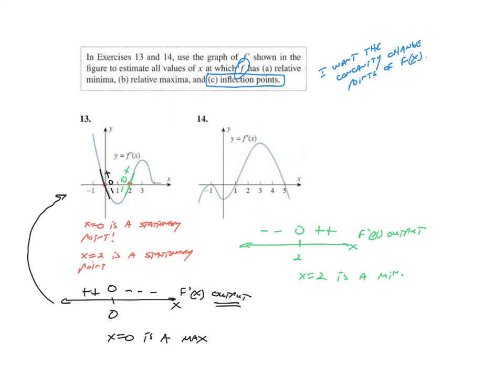That means I want to know where the second derivative of f changes from negative to positive or positive to negative. Interestingly enough, the tone of f prime is the concavity of f. Again, I'm going to pause for dramatic effect.